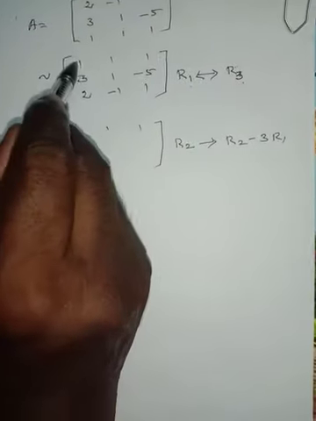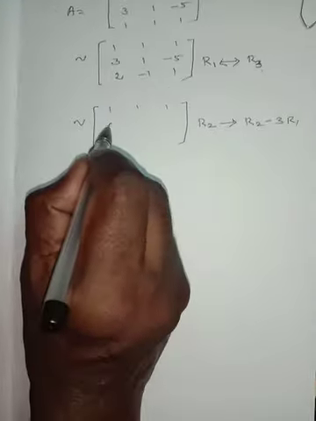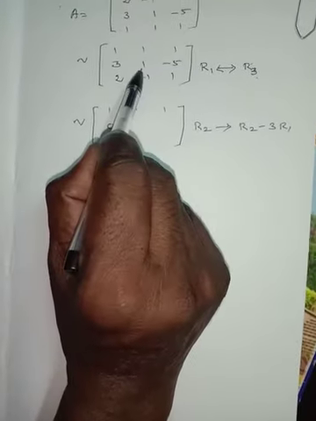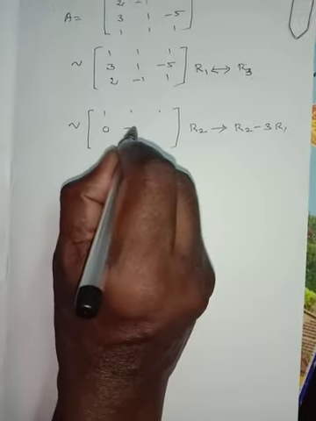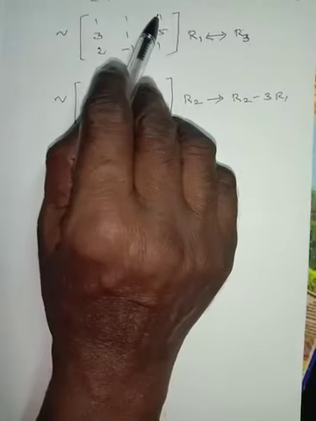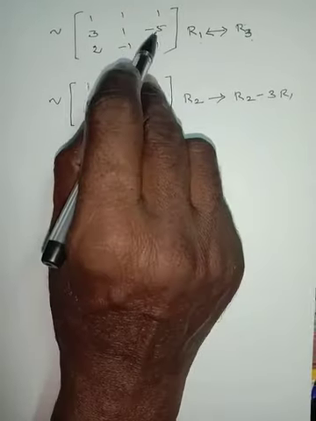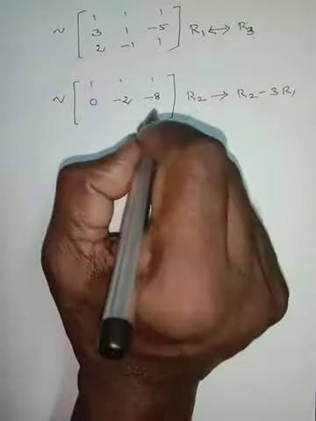So 3 minus 3 is 0. Next, here 3, 1 minus 3 is minus 2. Here 3 minus 8, minus 5, minus 3 is minus 8.